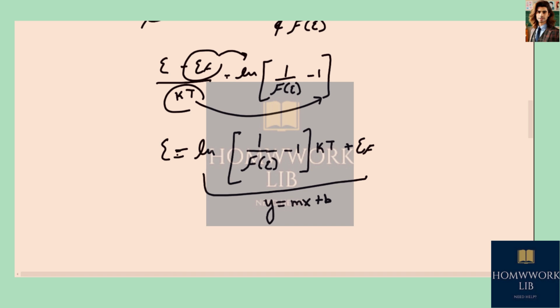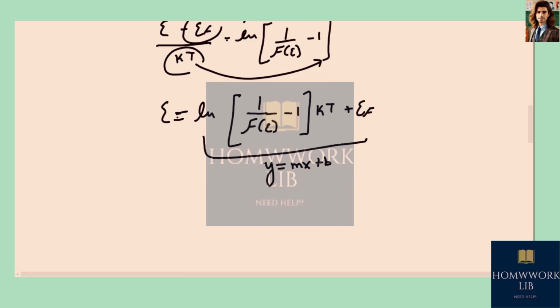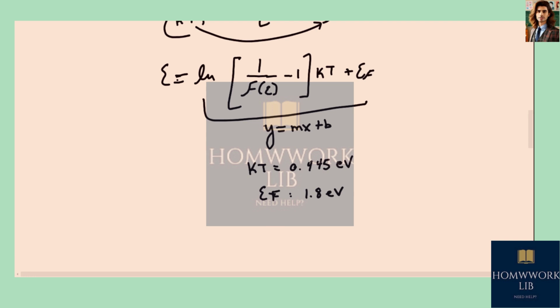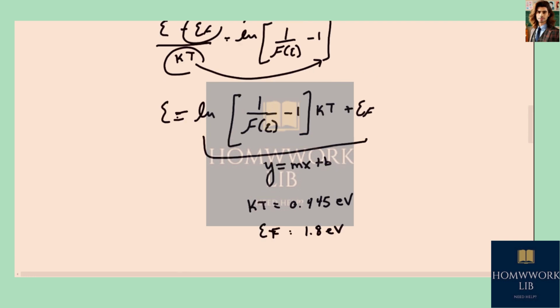And because of that, we can say your KT is going to be equal to 0.445 eV. And it's also saying that your EF is equal to 1.8 eV. And now what we can do is solve KT to get the temperature.